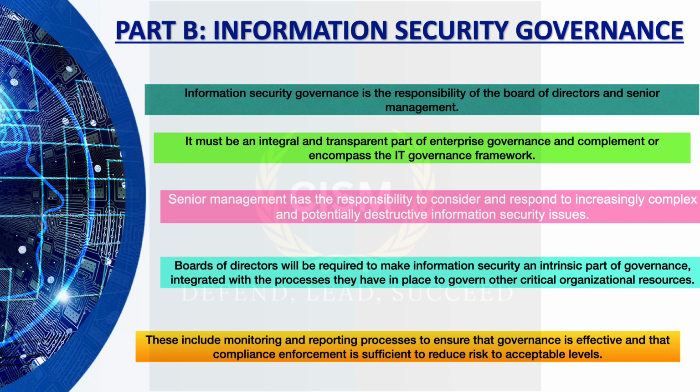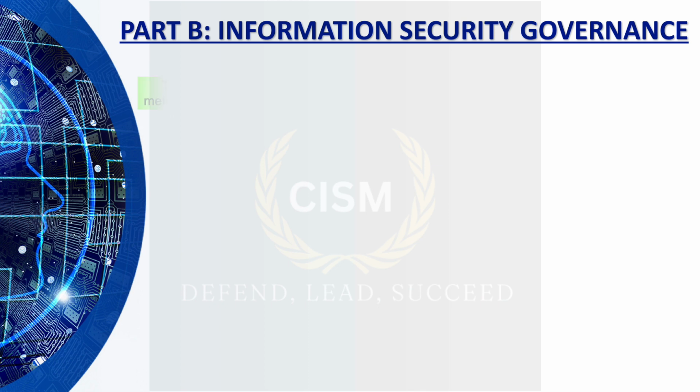They guarantee the governance effectiveness and validate that the compliance enforcement is robust enough to mitigate the risk to the acceptable level. For example, regular audits, performance metrics, and incident reporting mechanisms contribute to a comprehensive system, ensuring continual improvement and adherence to the established standards. Right? Moving to the next point.